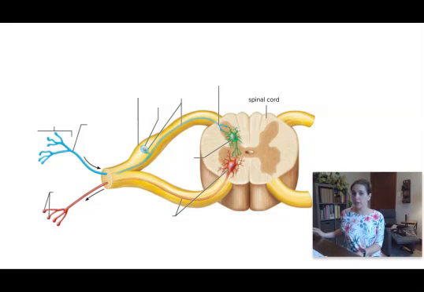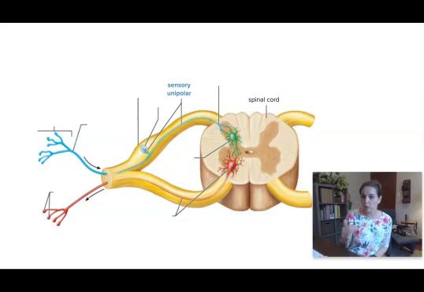So just like on the other picture, we are checking out a section of the spinal cord here. And a few things that we are going to identify. So what I just had you color, and I even color coded my label on this one, this is the sensory unipolar neuron. So on our previous picture, we talked about the reflex arc. We're looking at our spinal cord structure here.